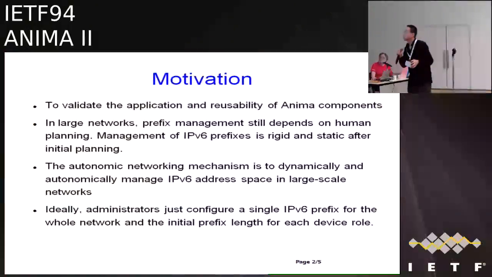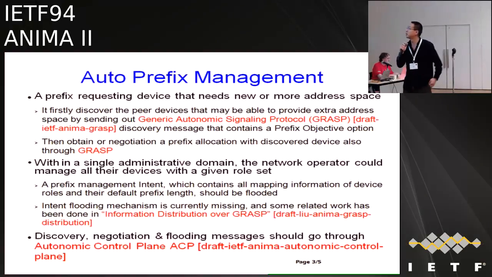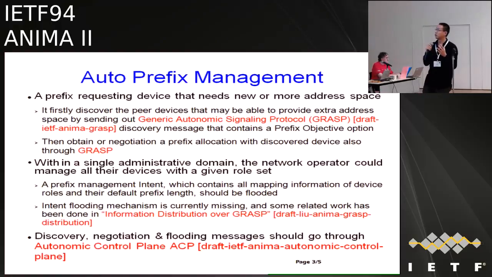Okay, next page. The process: a device that needs new or more addresses first discovers where it can get the prefix. That uses the generic discovery mechanism from GRASP, the generic autonomic signaling protocol.